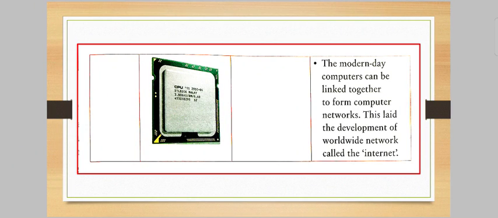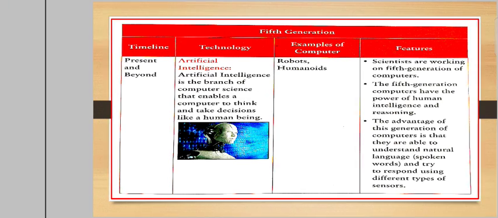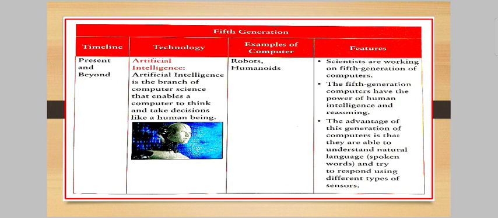The modern day computers can be linked together to form computer networks. This led to the development of a worldwide network called the internet. So all of you can see that day by day each generation is improving the technology of the computer.